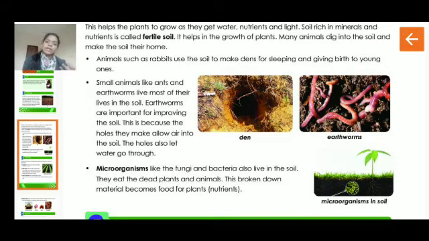So what they do? They eat the dead plants and animals. This broken down material becomes food for plants. So ये जो broken down material होता है वो बाकी plants के लिए खाना बन जाता है, right? Soil में जो ये सारी चीज़ें mix होती हैं, that is called the nutrients. So now students, you need to understand this when we say that soil has nutrition in it.